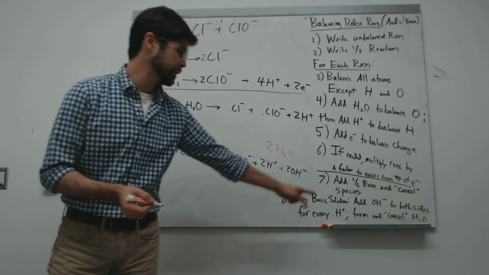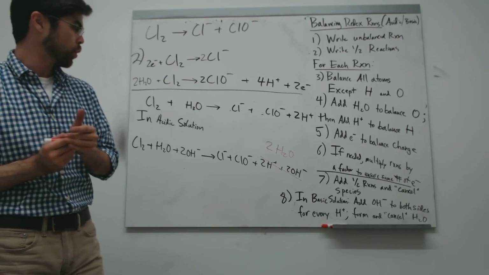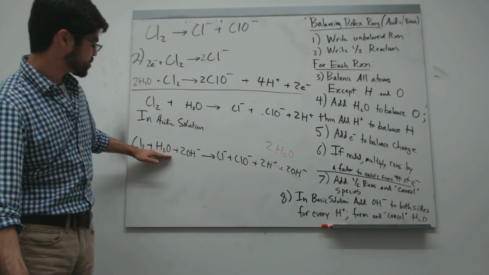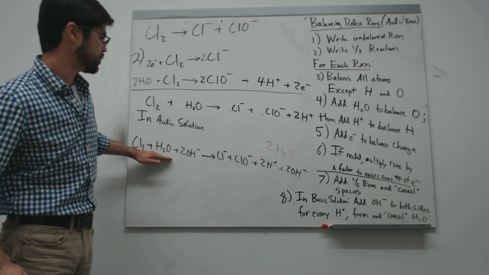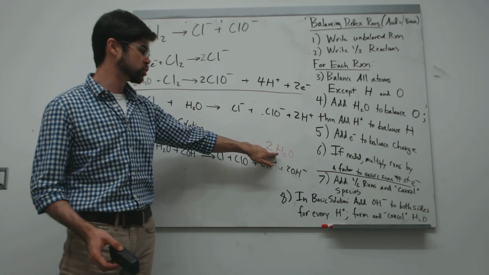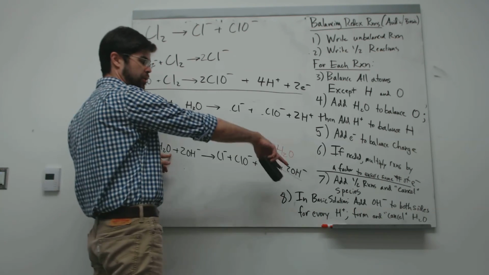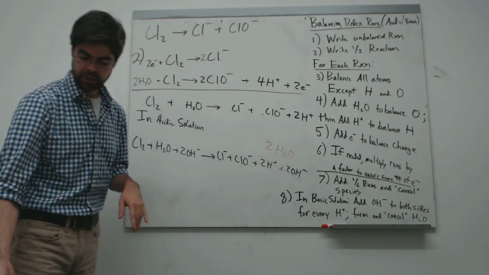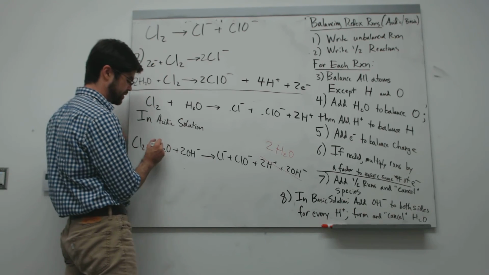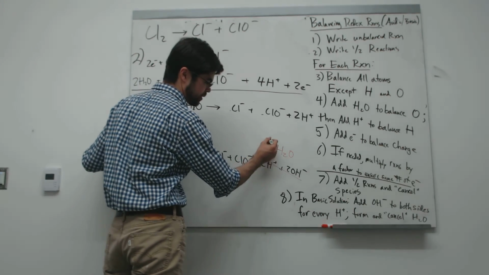And then we go through here and cancel any extra water molecules. I started with 1 molecule of water and I ended with 2 molecules of water. So one of these water molecules just hung around and didn't do anything. I can cancel out this one and then cancel out one of them here.